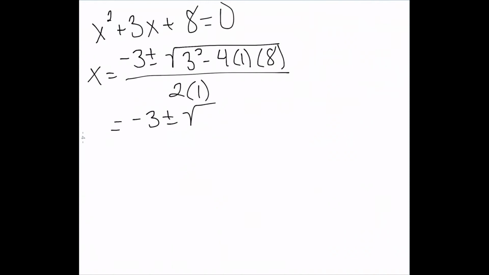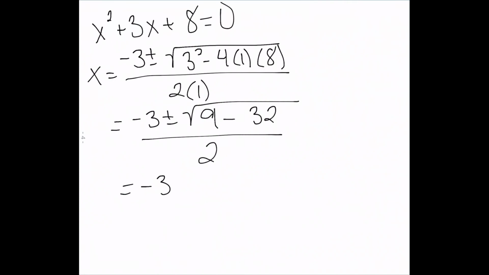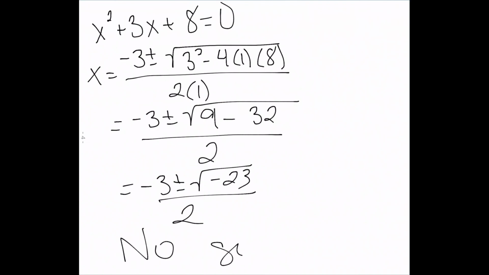So negative 3 plus or minus the square root of 9 minus 4 times 1 times 8, which is 32, over 2. Simplifying that further, I have negative 3 plus or minus the square root of negative 23 over 2, and we know we can't take the square root of a negative number. So this actually has no solutions, and it is possible for this to happen with quadratic equations.